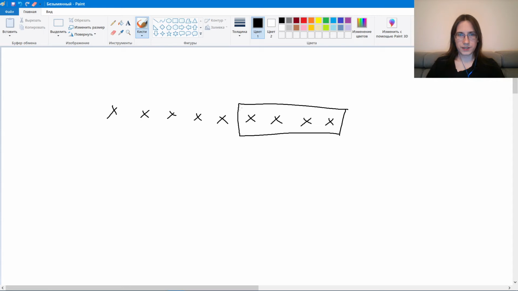Now, let's consider the score of a suffix. The score of a suffix is equal to the product of all its elements over the factorial of the length of the suffix. Let's see how the score of a suffix changes if we add one element, because this is generally a good idea. See how the score changes when you apply a small change to your object.